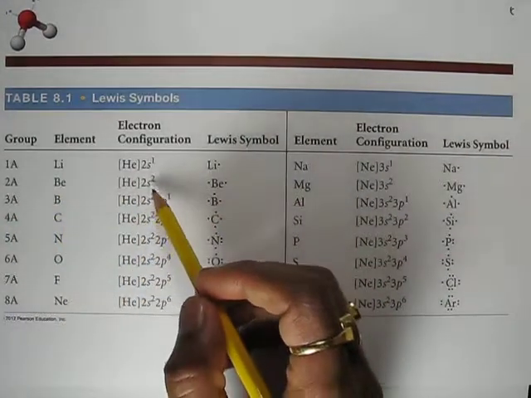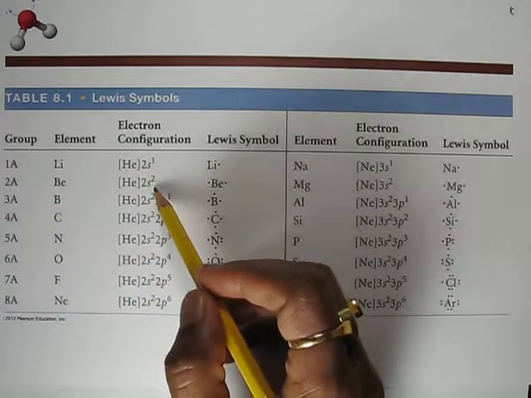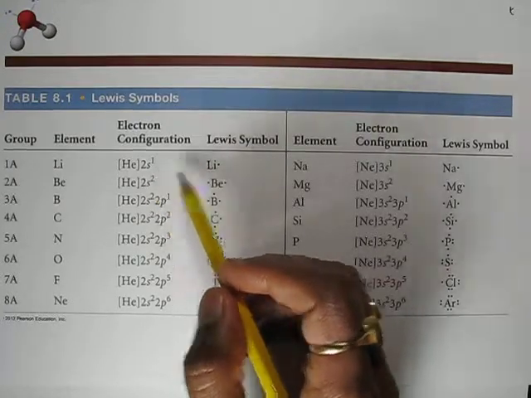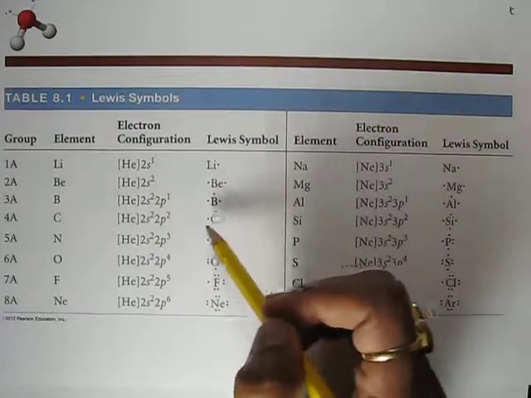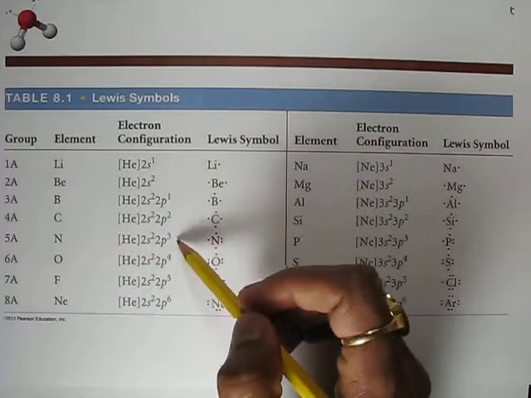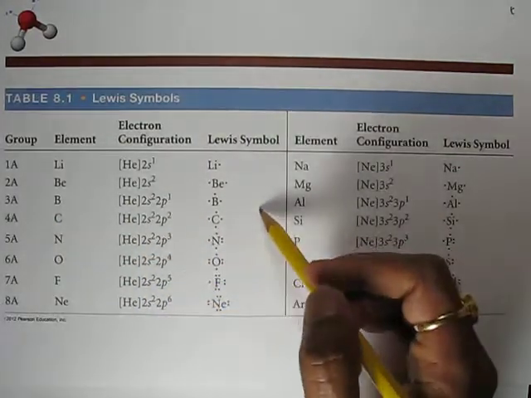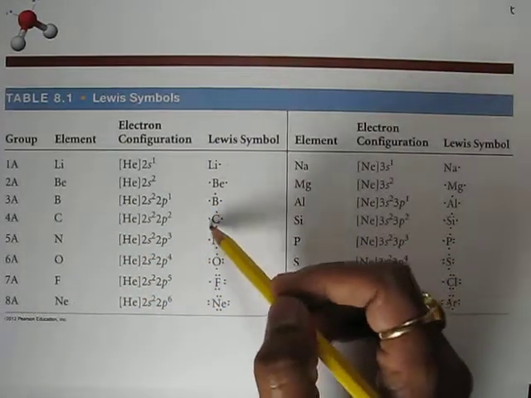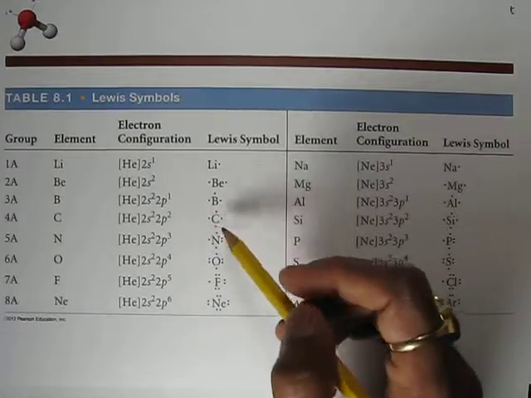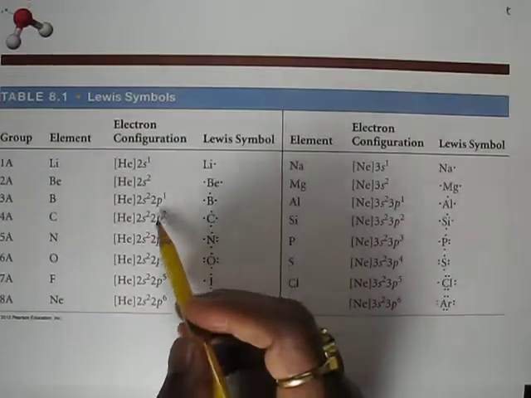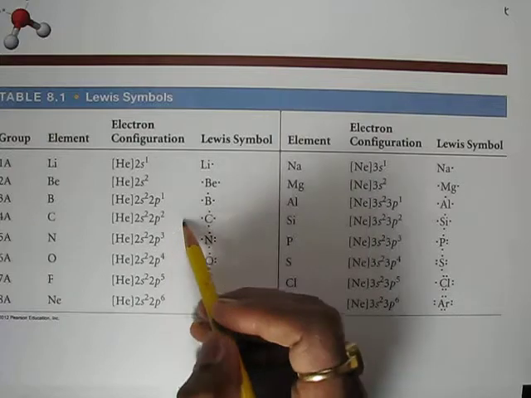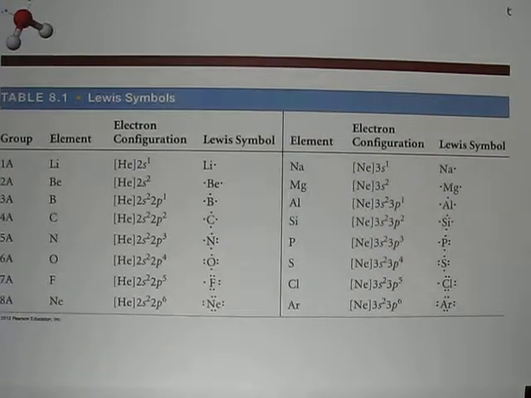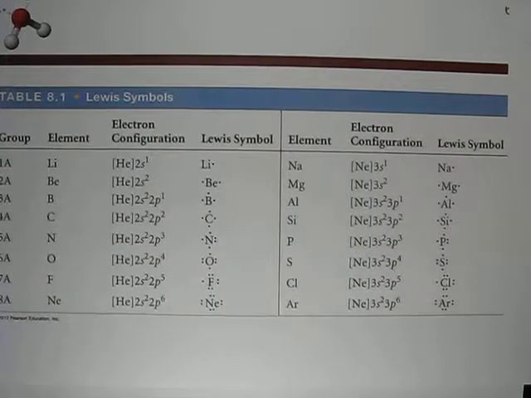For beryllium, the last or valence shell electrons are 2, so beryllium plus 2 dots. Likewise boron, carbon, up to neon, boron has 3 dots, carbon has 4 dots. So these 4 extra dots are representing the 2s2 and 2p electrons. So they are valence electrons.